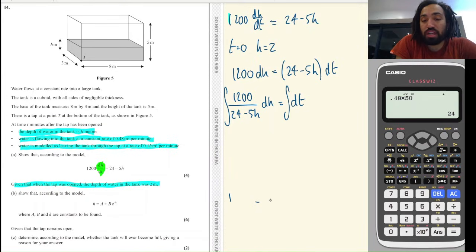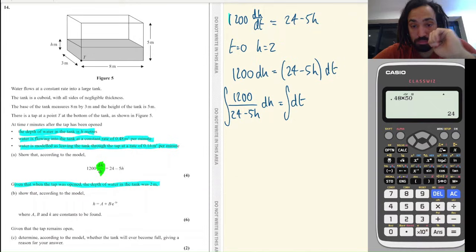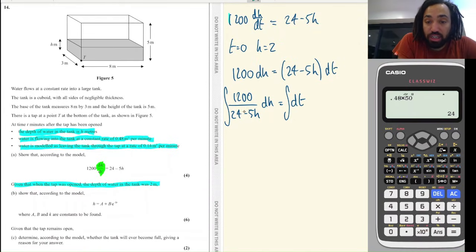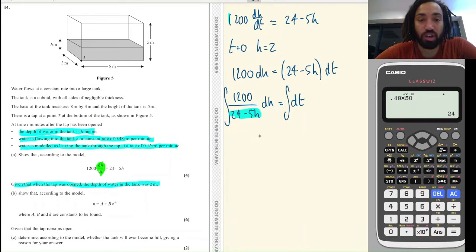Okay, so let's do that then. Let's integrate both sides. So when I'm integrating this fraction here, I look at this and what I'd really like is if the derivative of this was equal to the numerator, because then we can use our ln rule for integration. Now the derivative of that blue bit is minus 5.